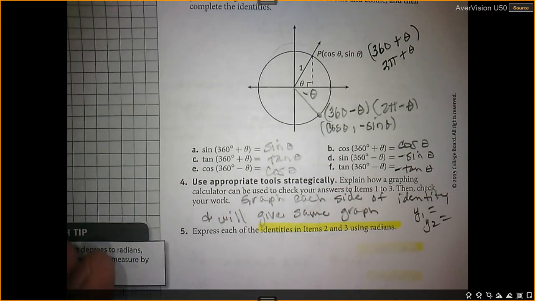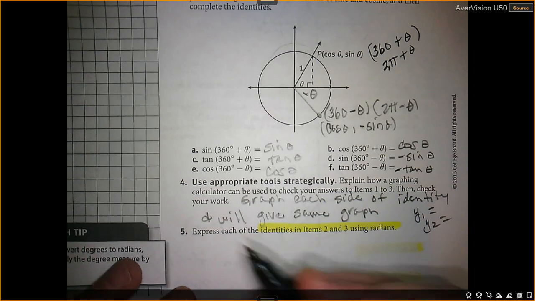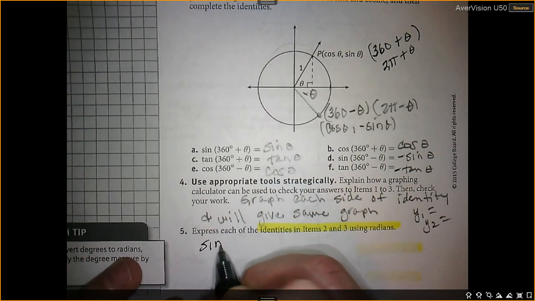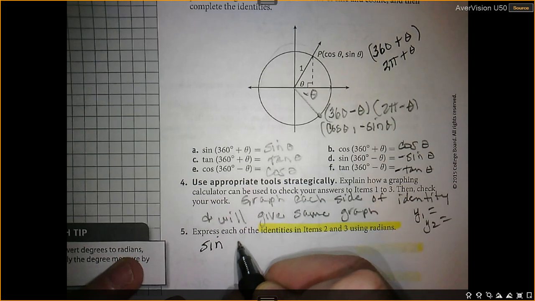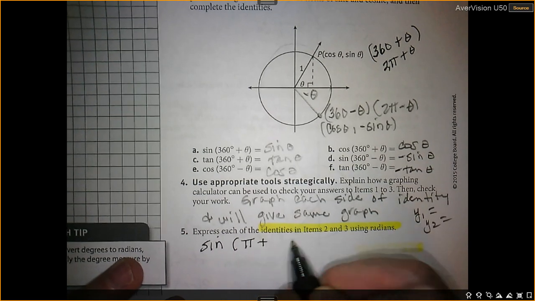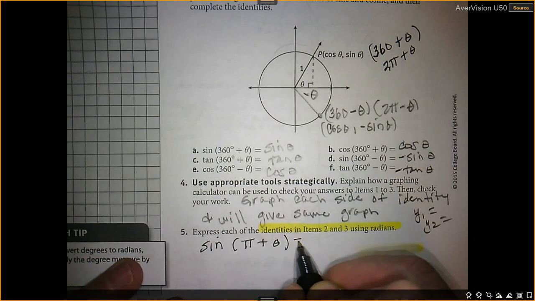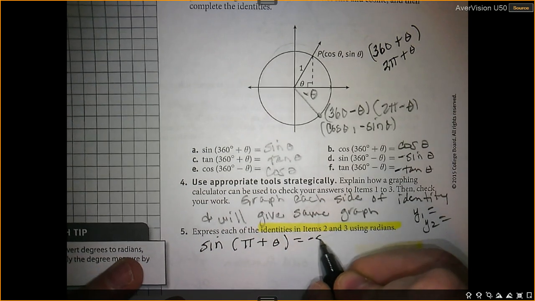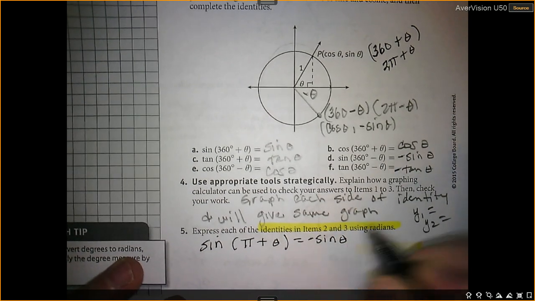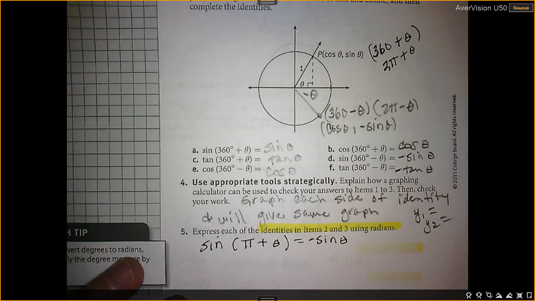Okay, then it says express items in 2 and 3 using radians. So I've already kind of done that already. So I'll just get you started. Like sine of pi plus theta, which is 180, right? Equals negative sine. So all we're doing here is converting all the 180s and 360s to pi and 2 pi. That's all this is. So I don't think I'm going to keep going because I think you guys can do that, right?